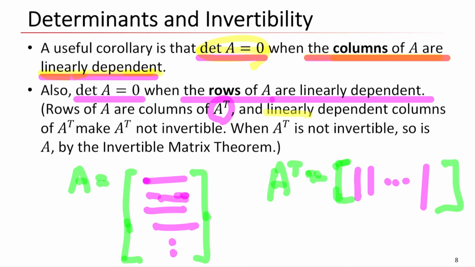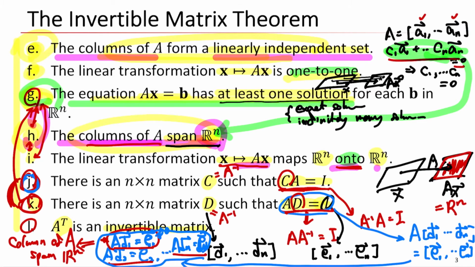The linearly dependent columns of A transpose make A transpose not invertible, because linear dependence and non-invertibility are equivalent from the invertible matrix theorem.